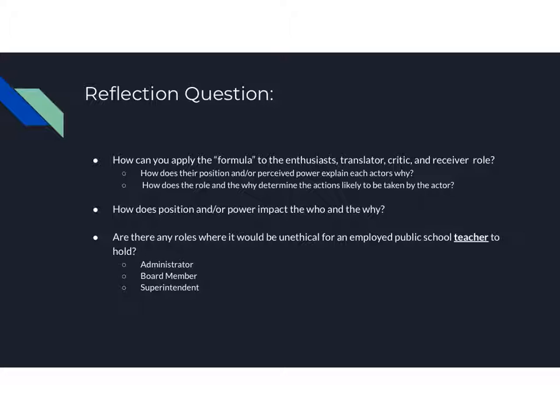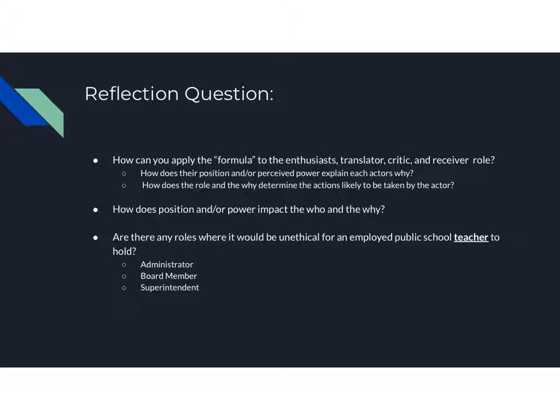Next, I wonder, are there any roles that Ball talks about that would be unethical for an employed public school teacher to hold? And then I have teacher underlined because you could ask the same question and instead of teacher, administrator.